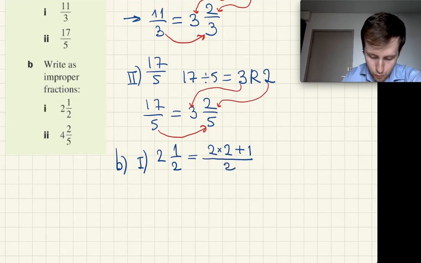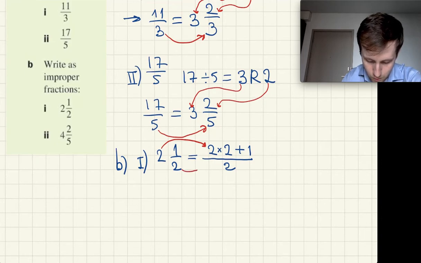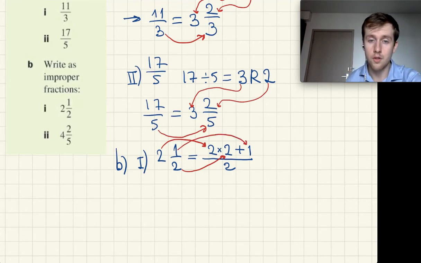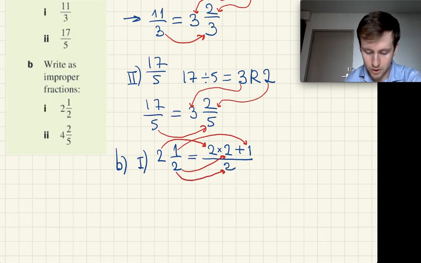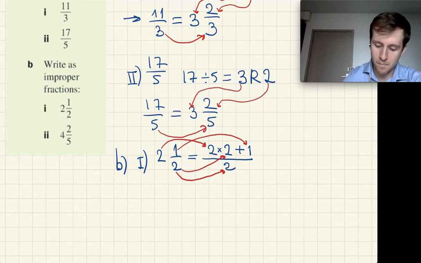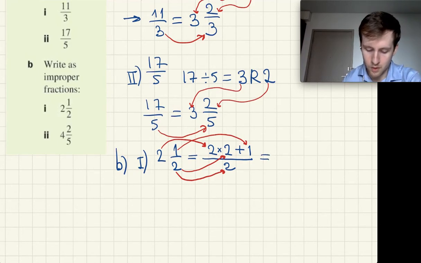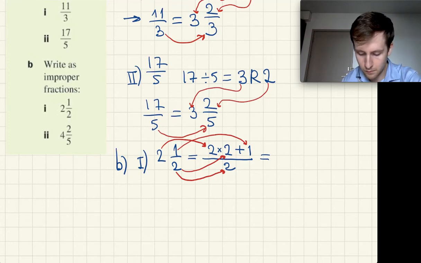So we do 2, which comes from here, times 2, which is our denominator, plus 1, which is still the same, the fraction part, and then over 2. So the denominator stays the same, and it's equal to 5 over 2.